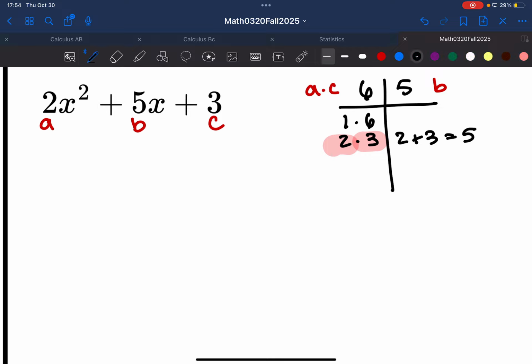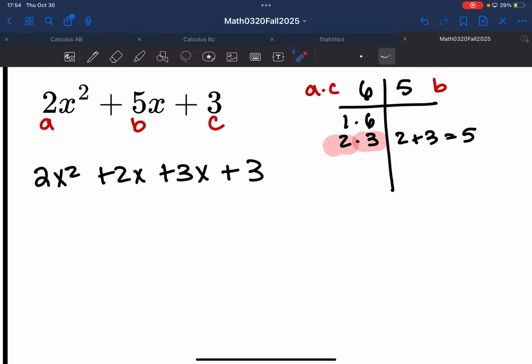So then when I'm rewriting this, I write 2x squared plus 2x plus 3x plus 3. This middle term should always match this middle term, like if we were to simplify it. So I found my 2 factors.